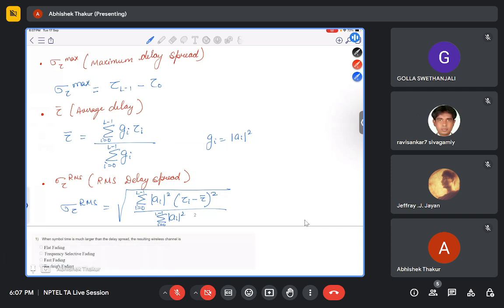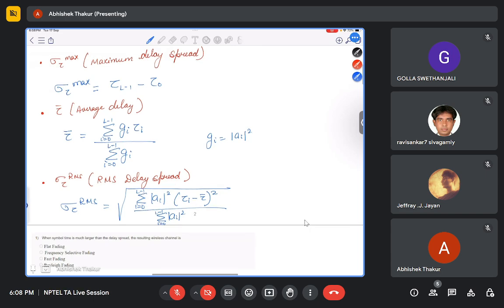So we have studied three kinds of delay. The maximum delay spread, that was the delay between the last arriving component and the first arriving component. Second was the average delay, weighted with the power of each signal component. That term is gi, that is the mod of ai squared.